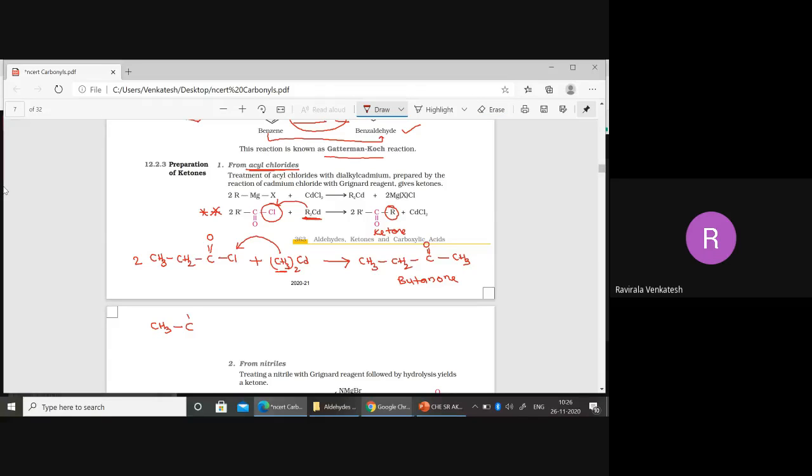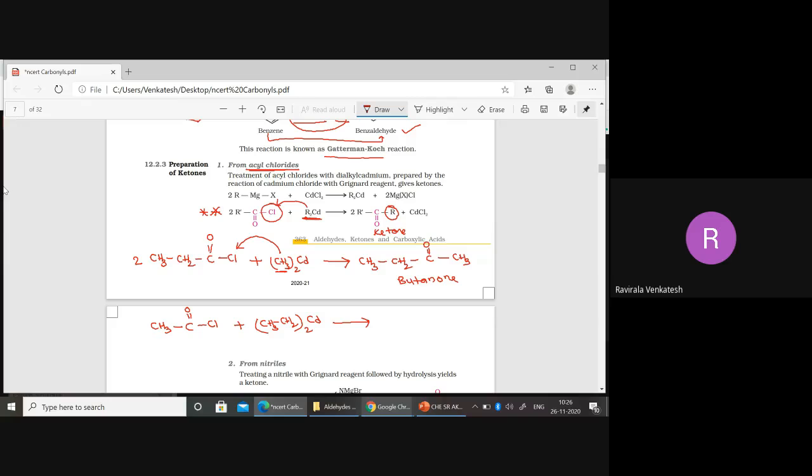C double bond O, Cl, reacting with diethyl cadmium. Now tell me what is the product? Butanone. Same we are getting, or different?